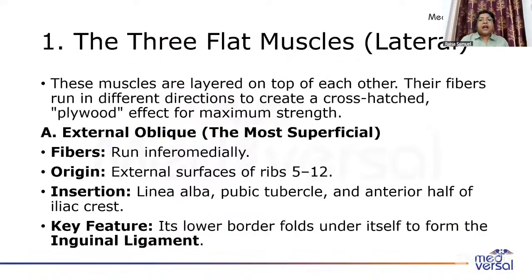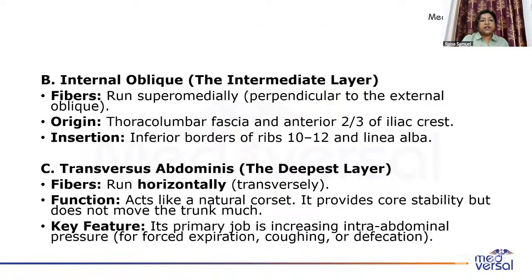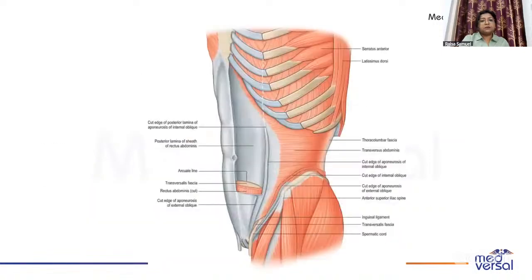The three flat muscles are layered on top of each other. Their fibers run in different directions to create a cross-hatch plywood effect for maximum strength. So these are the flat muscles. What are the flat muscles? External oblique, internal oblique, and transversus abdominis muscle.